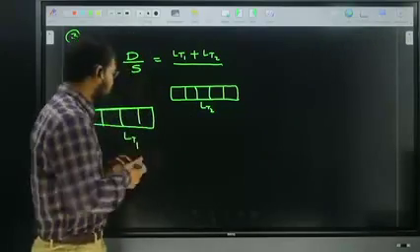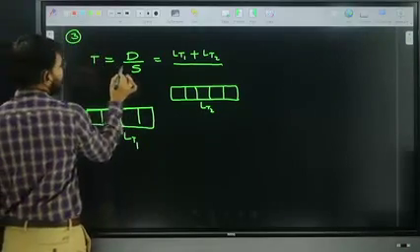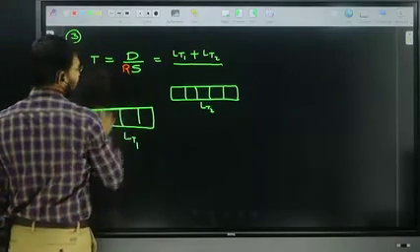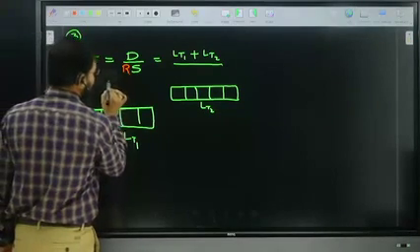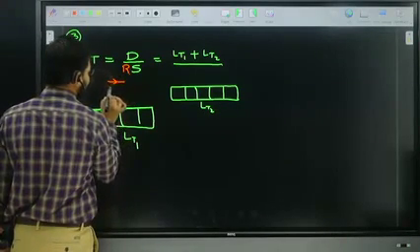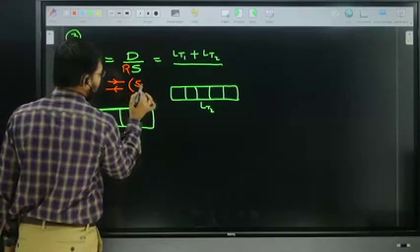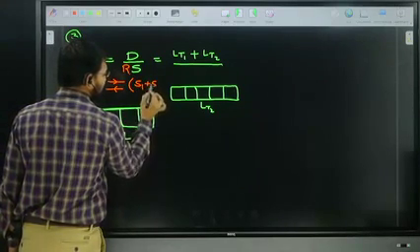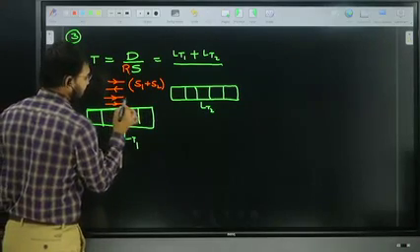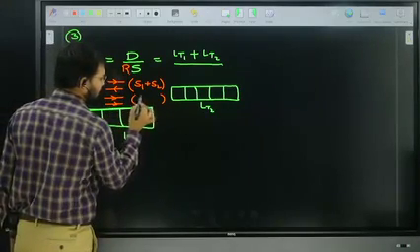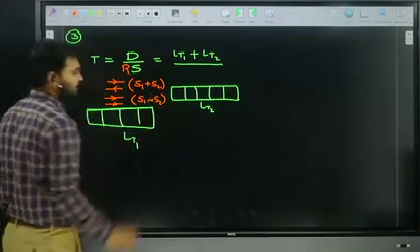So in place of speed, we are going to take relative speed. Here also two cases are there. If both the trains are in motion in opposite directions, in place of relative speed we take S1 plus S2. If both the trains are in the same direction, in that case we take S1 minus S2, the difference between their speeds.